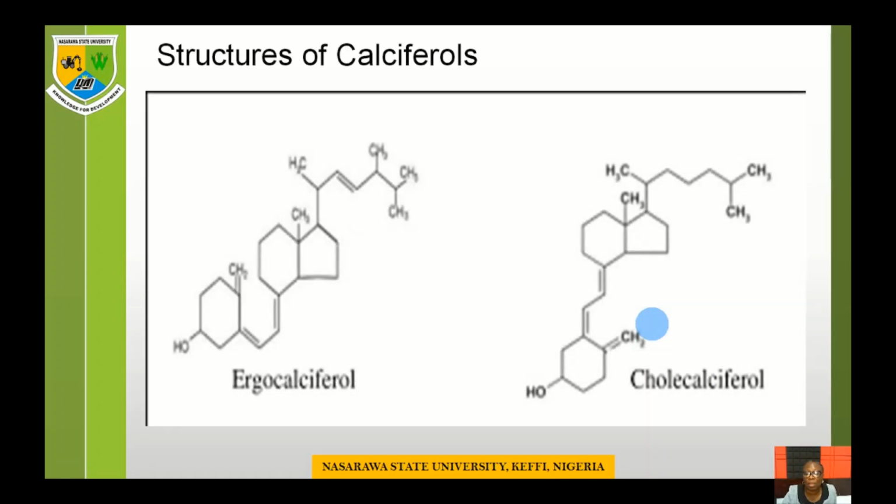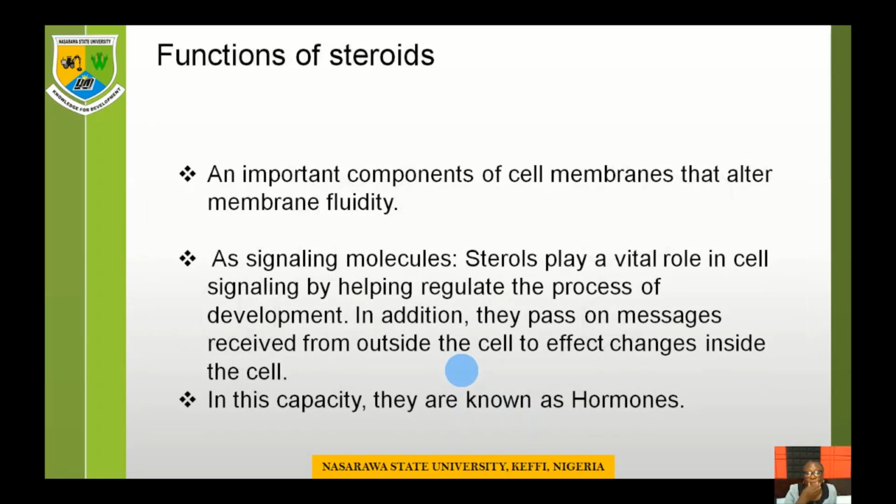Now these are examples of calciferol. You have the ergocalciferol, and then you have the cholecalciferol. All of them are steroid compounds, just like cholesterol.